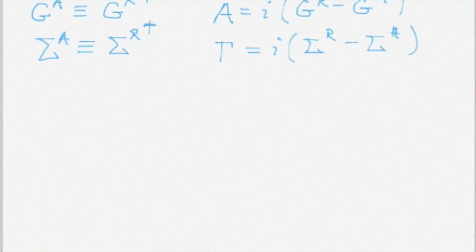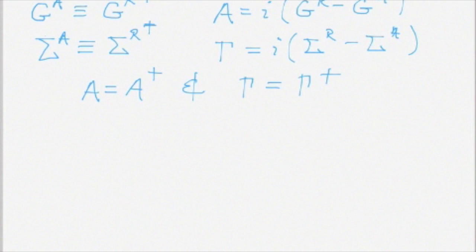And if you look at these definitions, since sigma^A is sigma^R dagger and G^A is G^R dagger, if you take the dagger of this, then it's clear that A equals A dagger and gamma equals gamma dagger.